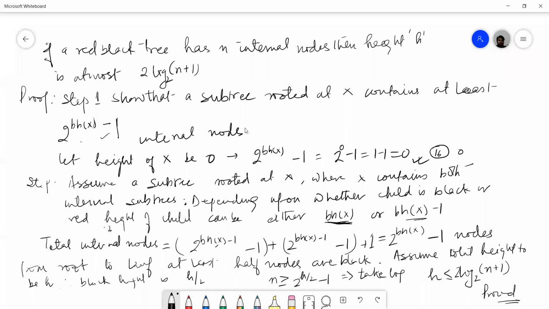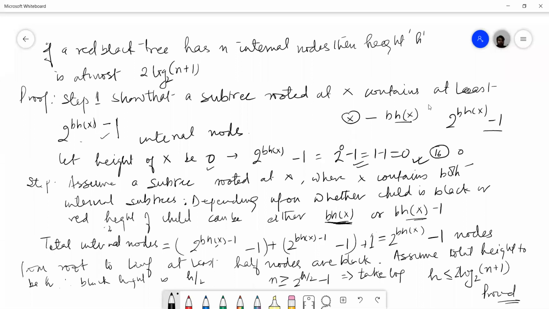So it's simple. First, we have shown that if there is any subtree whose root is x and the black height of x is bh(x), then the minimum number of internal nodes it can contain is 2 to the power bh(x) minus 1. Then we proved it for height 0.